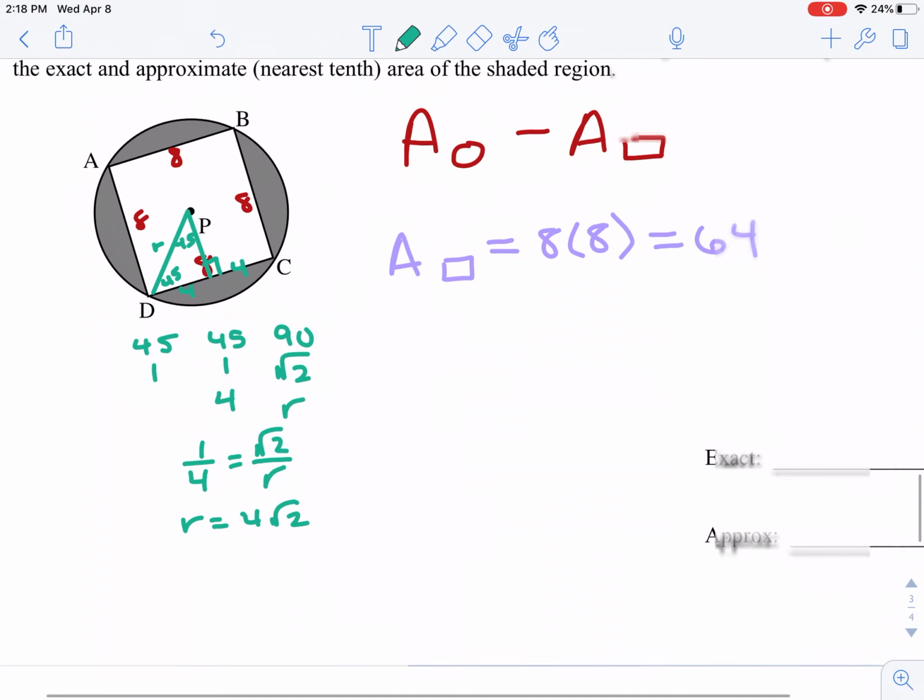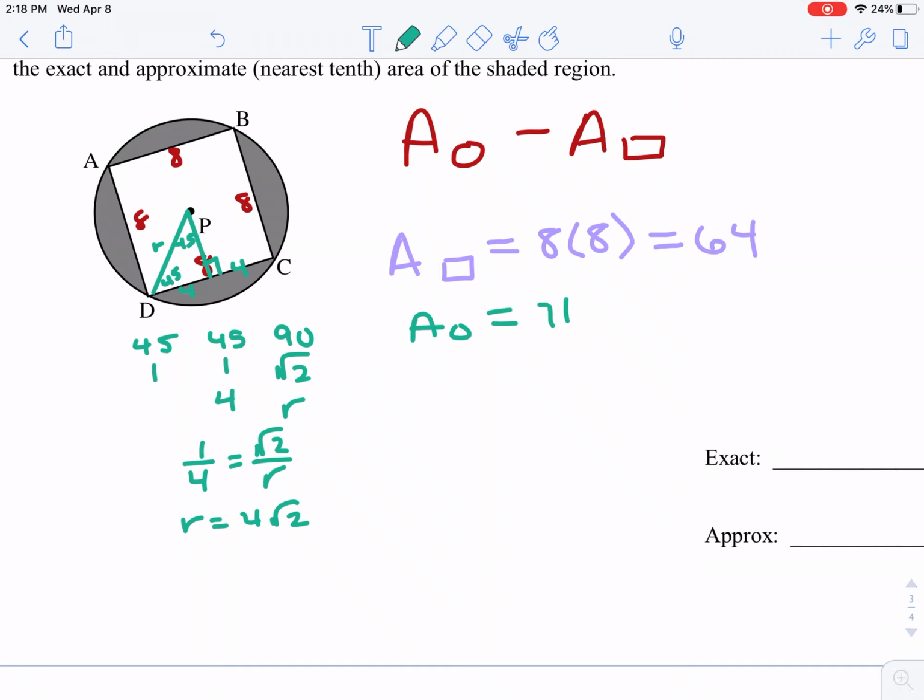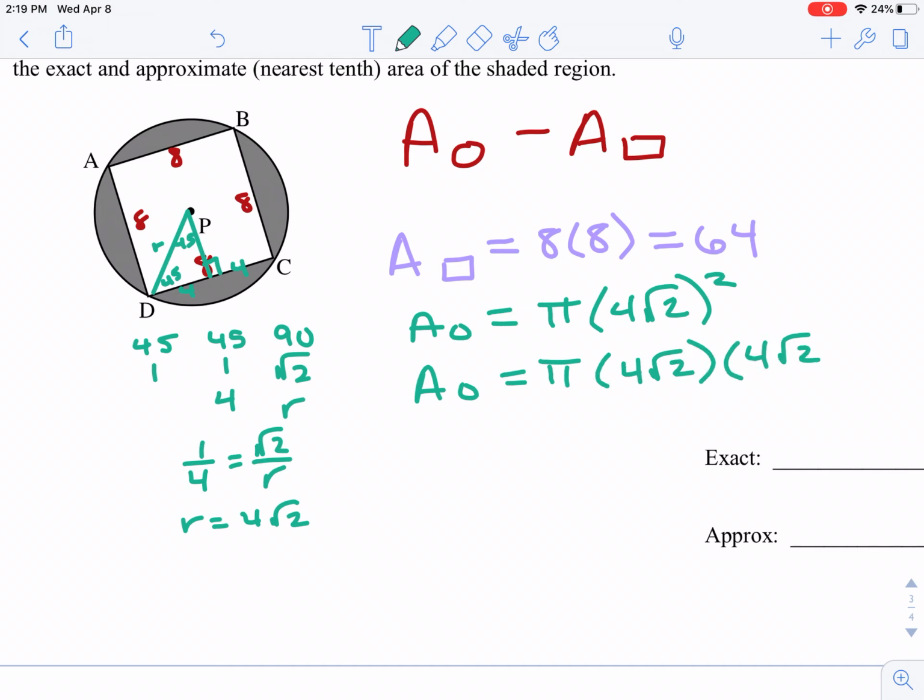Now I'm ultimately really trying to find that area of a circle. So that's going to be pi times the radius squared. So if I think about what square means, multiply by itself. So 4 root 2 times 4 root 2. 4 times 4 is going to give me 16. Root 2 times root 2 is just 2.